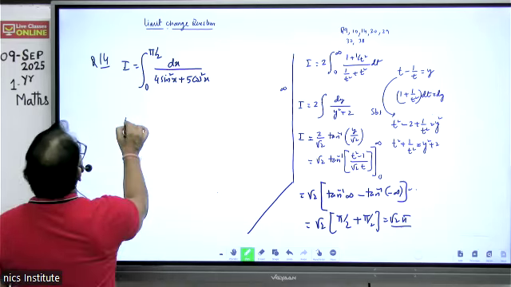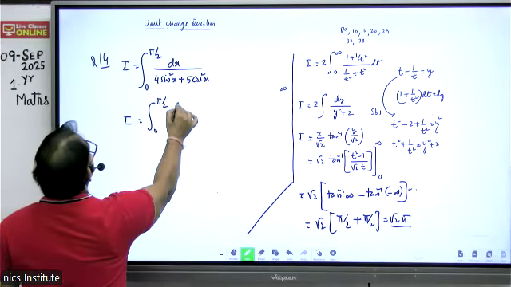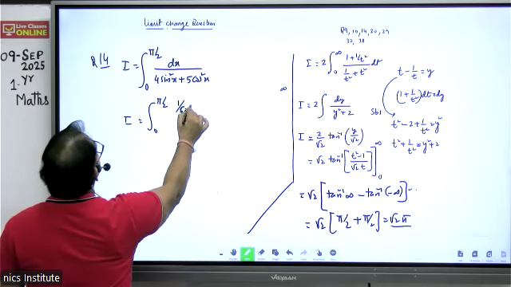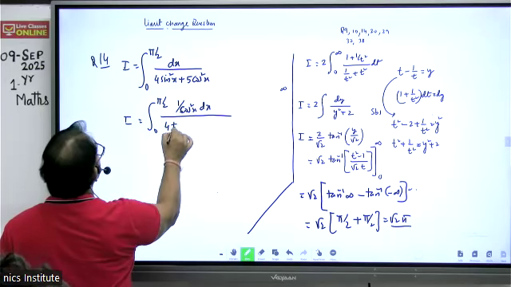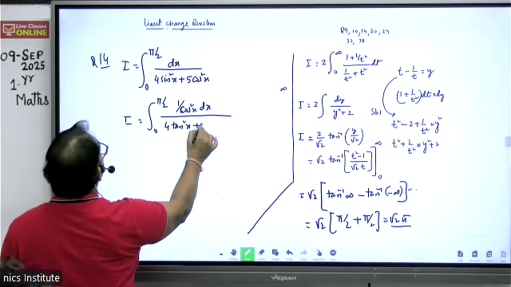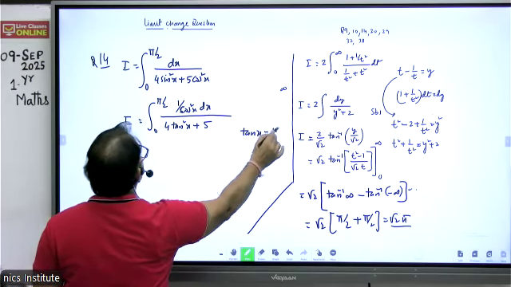When you divide numerator by cos square x, it will become sec square x. This will become 4 tan square x. This will become 5. And then you substitute tan x is equal to t.